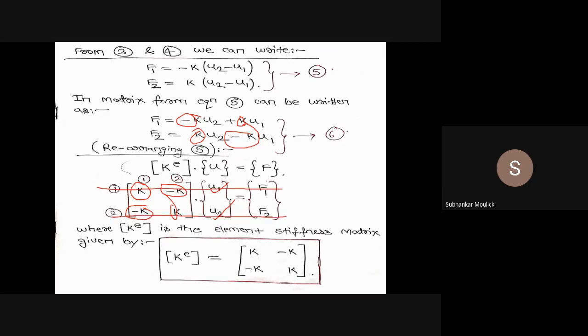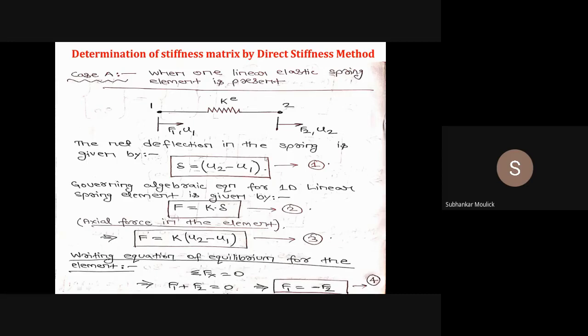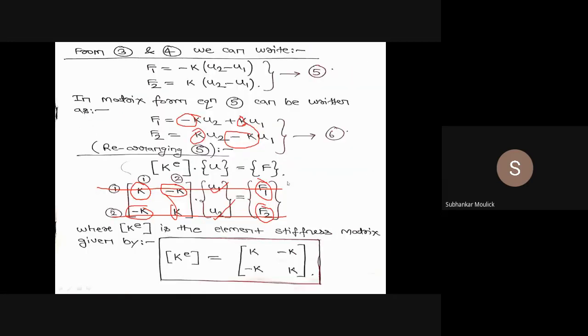Since for the first node F1 is acting in the positive x direction, this is plus F1. For the second node the force acting is F2, also along the positive x direction, so I will take plus F2. So the final resulting matrix becomes k, minus k, into u1, u2, equal to F1, F2.